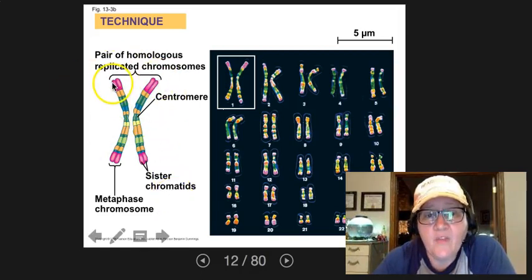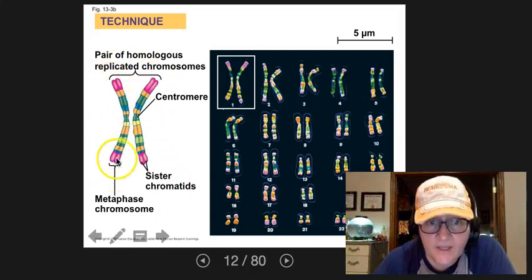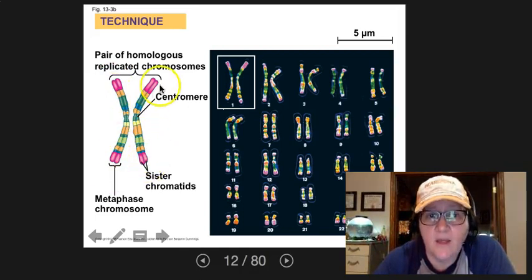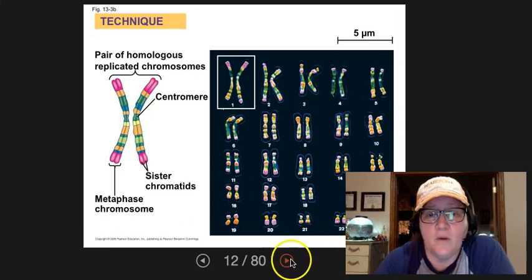Okay, that means that each one of these, this is a chromosome and this is a chromosome. And each one of these chromosomes in this view is made up of a copy of 2 sister chromatids. So I have a copy of dad DNA for chromosome 1 here and a copy of dad DNA for chromosome 1 here, and they are sister chromatids and they are bound together by a centromere. Okay? All right.